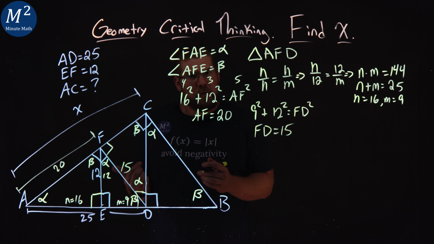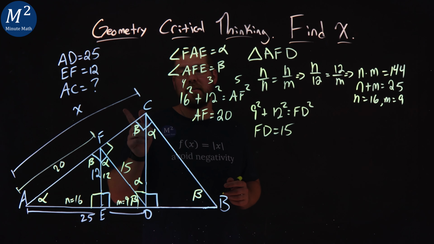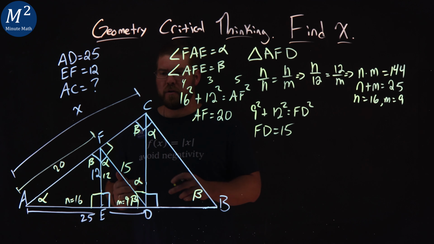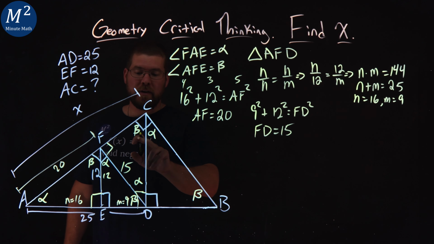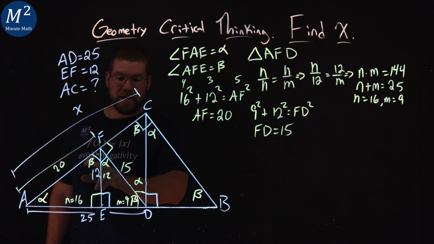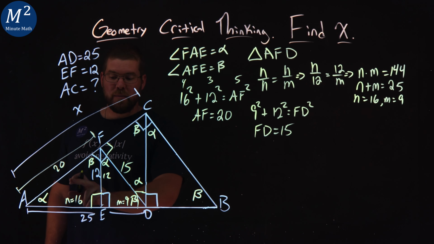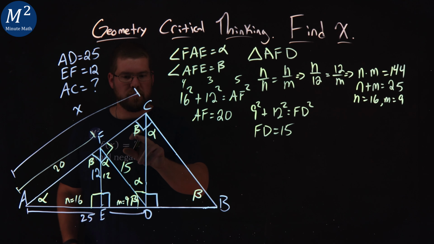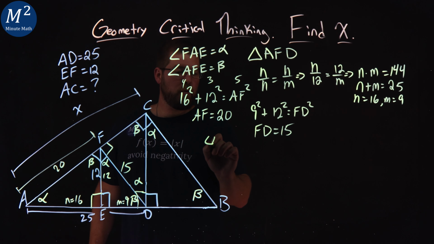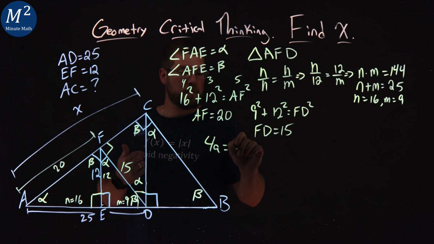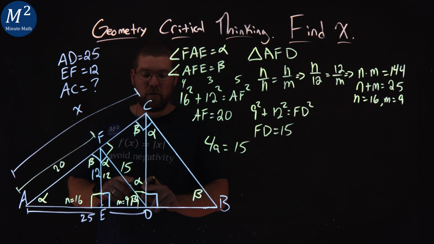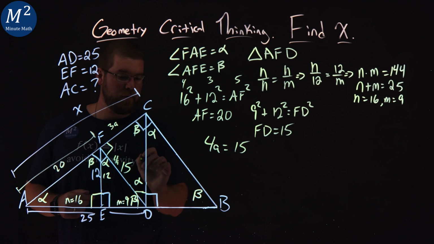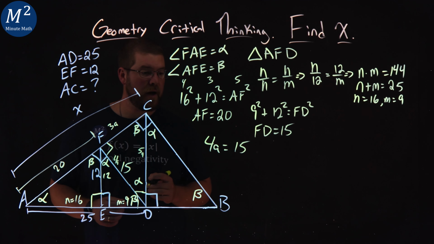And so can we apply the 3-4-5 triangle again to find the length of FC? We only have one value. Which one is it? Notice in our triangles here, every value that's across from the beta is going to be that 4 times our unit, the 3-4-5, the 4 times. So across from beta, we have our 4a value is equal to 15, and across the alphas, our 3a value. So we have 4a, 3a, 5a, 5a being the hypotenuse.